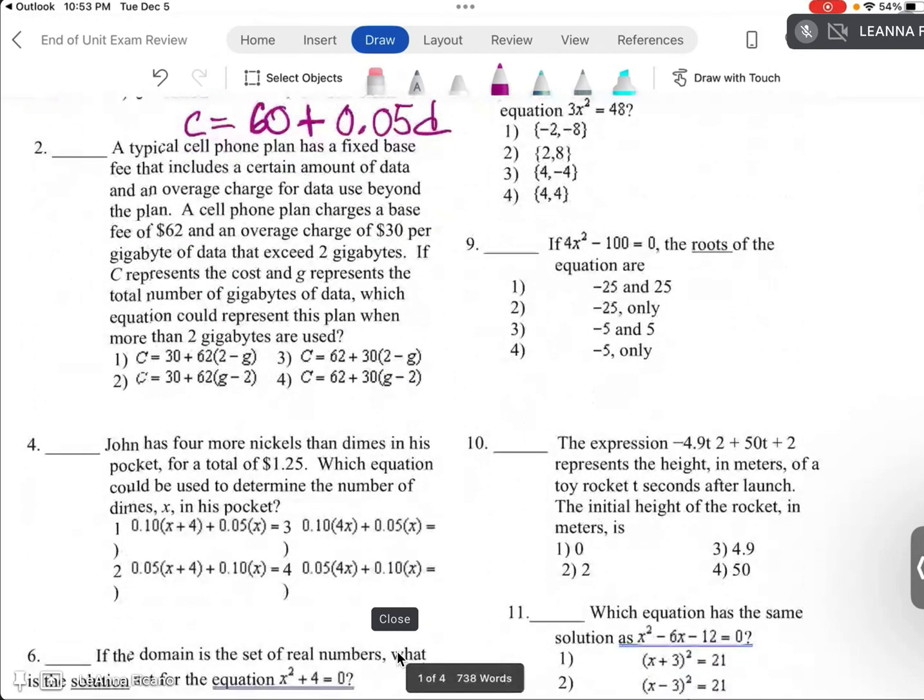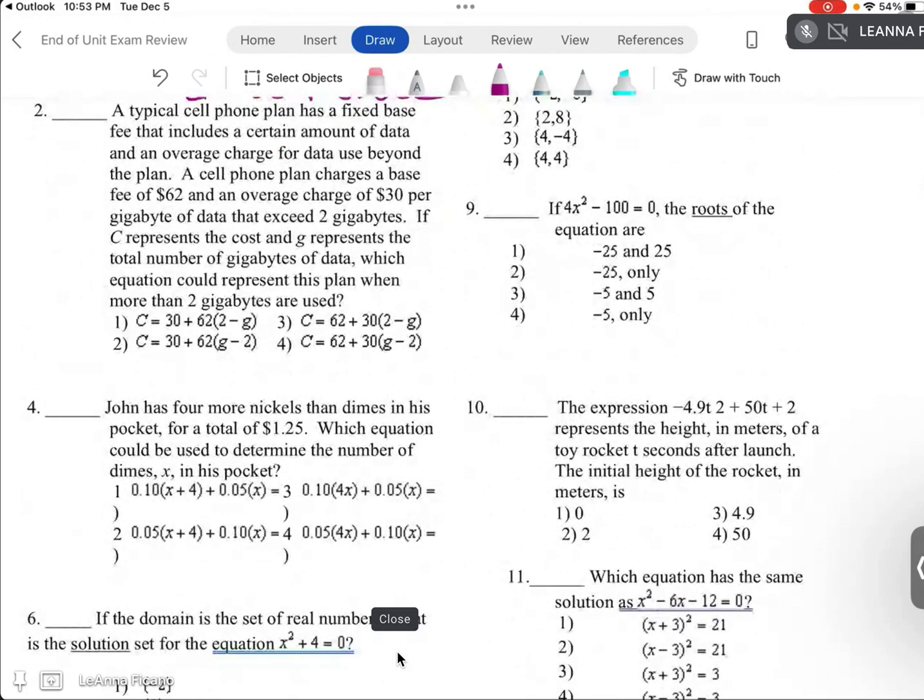A typical cell phone plan has a fixed base that includes a certain amount of data and overage charges for data used beyond the plan. A cell phone plan charges a base fee of $62 and an overage charge of $30 per gigabyte of data that exceeds 2 gigabytes.